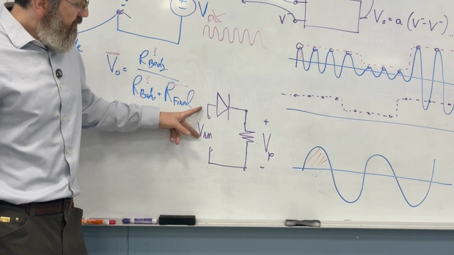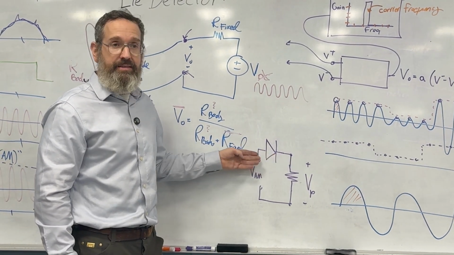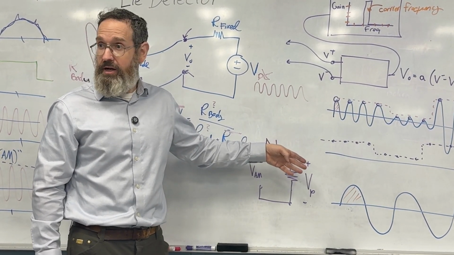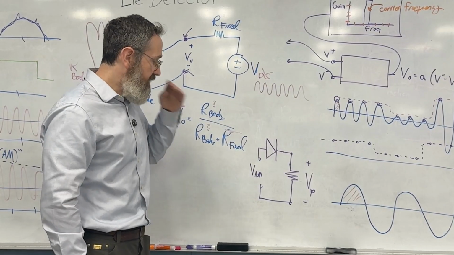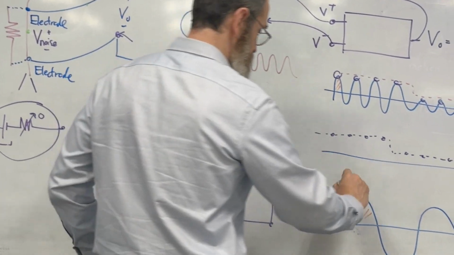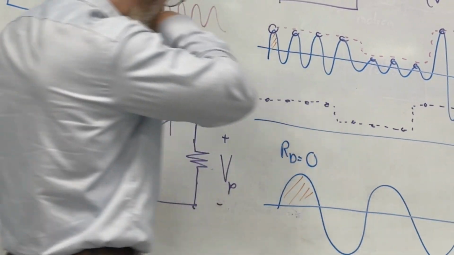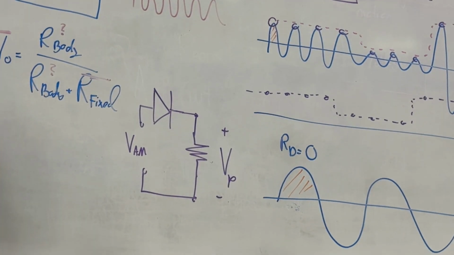During this part, this voltage is positive. Well, the diode likes that. It's like, come on right through. So the diode is going to let it right through, or you can think of this as the resistance of the diode is 0. Okay, what's V out?